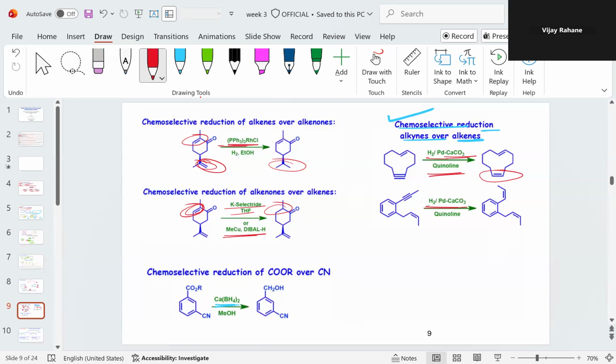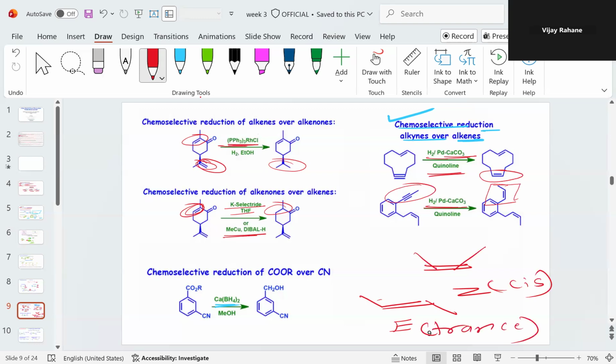If you do the reduction in this manner and you have this type of alkyne, it gives the Z olefin as the major product, not the E. If you have the olefin in this manner, we call it Z, and if you have it in this manner, we call it E. Z, or in brackets we can call it cis, and this one trans. So in this reagent condition, we can selectively get the Z olefin as the product.